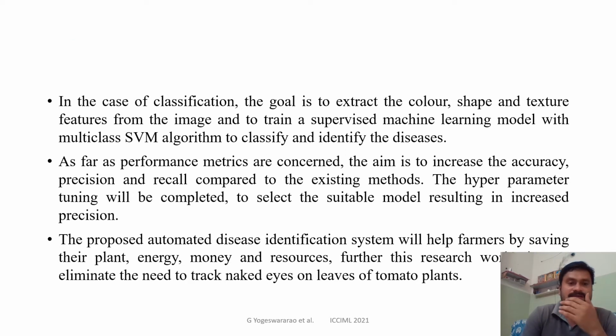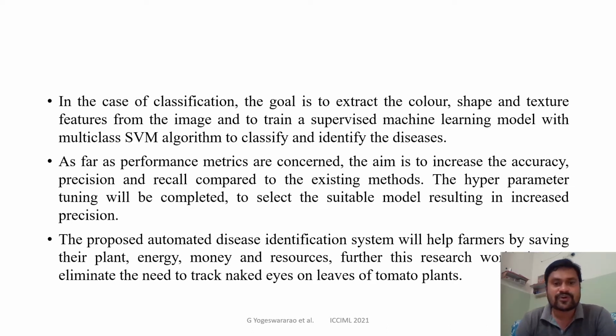The main concept is classification. We used color, shape, and texture features from the images to train the supervised learning model with the multi-class SVM algorithm to classify and identify the diseases.